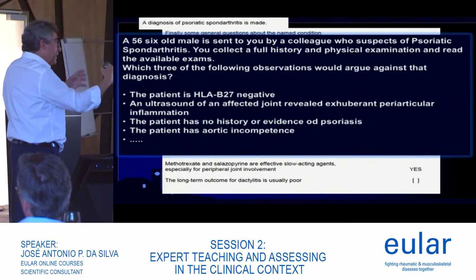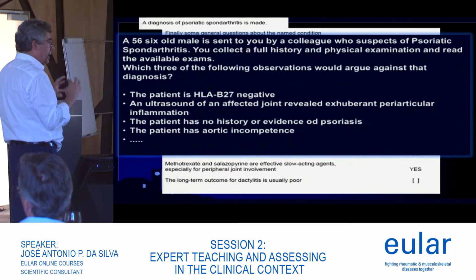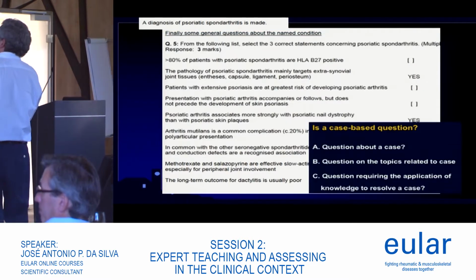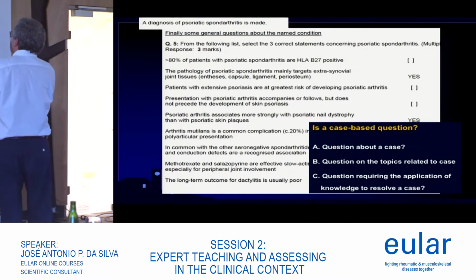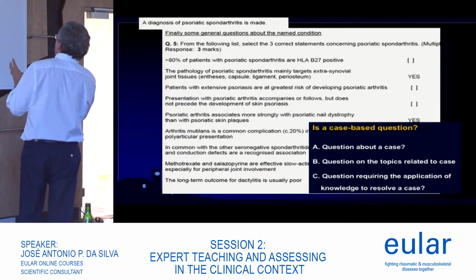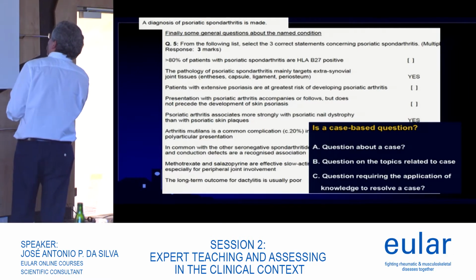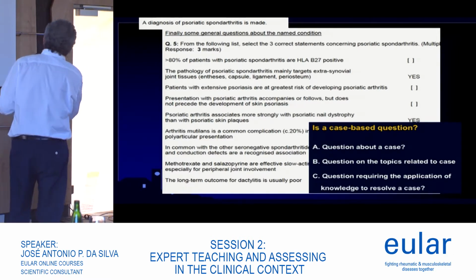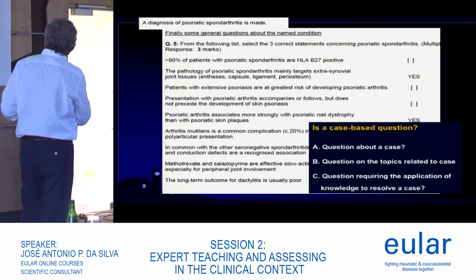So you are using and judging information to resolve a case. In this particular set of questions, the authors were obviously also interested in epidemiological aspects. What is common, what is not common, what are the associations between psoriatic arthritis and the type of skin involvement.